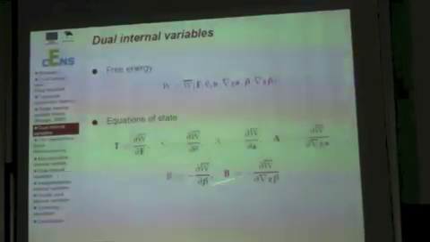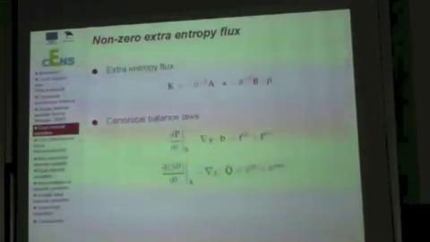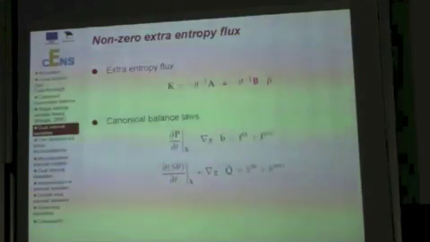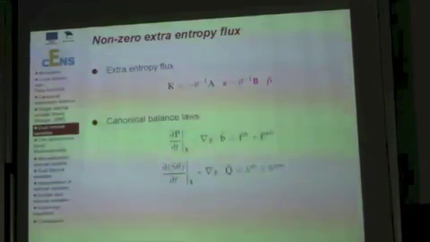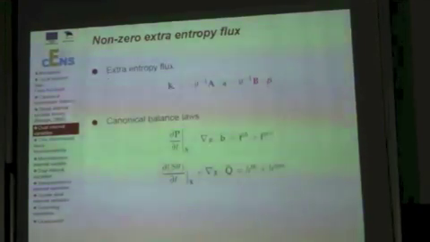So we obtain additional forces or something like that. And entropy, and the extra entropy flux is also modified by the second internal variable. What is good for the canonical balance laws is that the shape of these laws does not change at all.